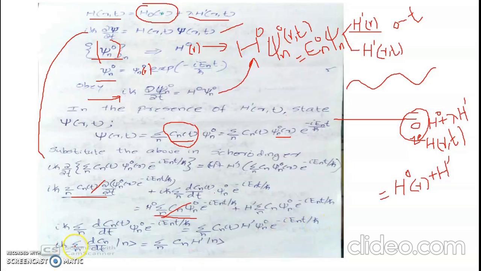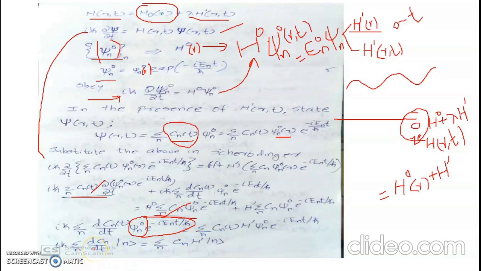Let me represent this in terms of the Dirac notation for the ket vector. iħ summation over n dCn/dt ket n equals summation over n. In this ket representation, both the time-dependent and space-dependent parts are involved. Summation over n Cn(t) H' operating over ket n.